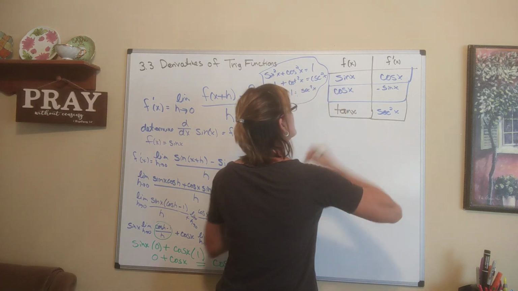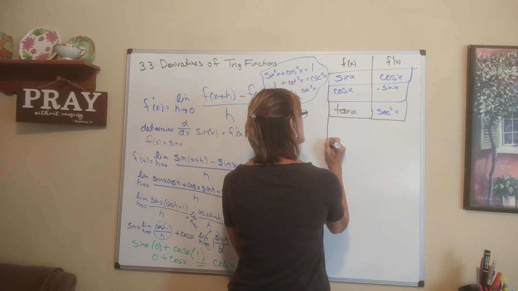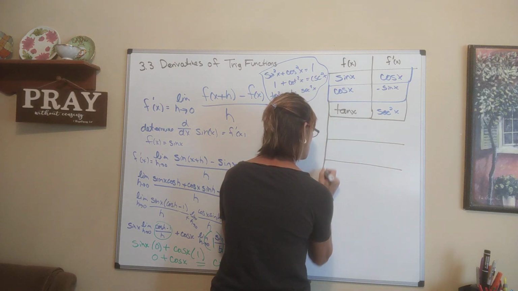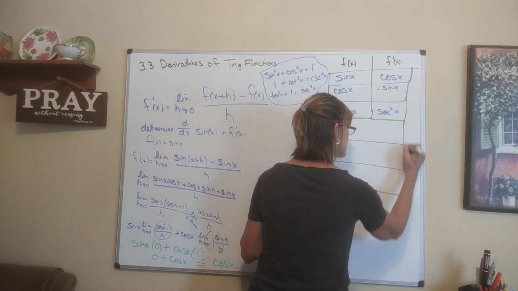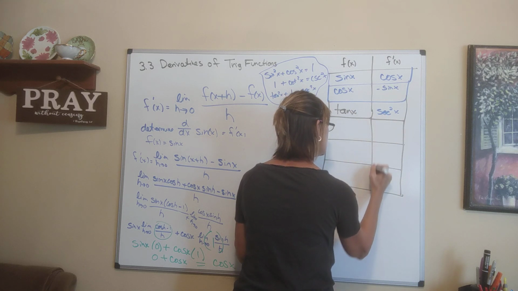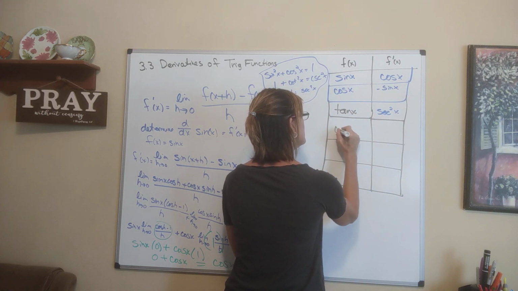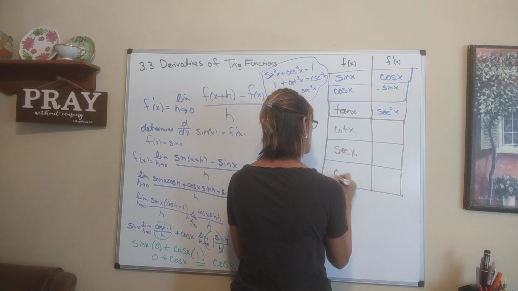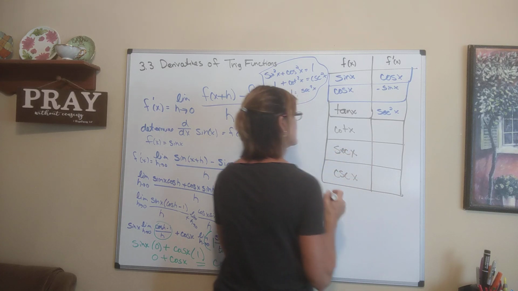We want to know cotangent, secant, and cosecant. So that's what we want to look at. Okay, so the derivative of the cotangent of x, the secant of x, and the cosecant of x. All right.